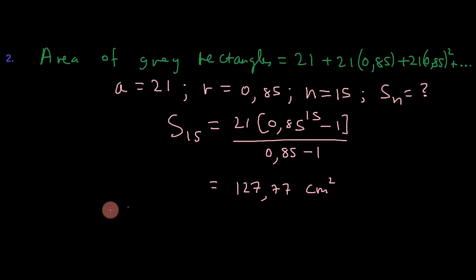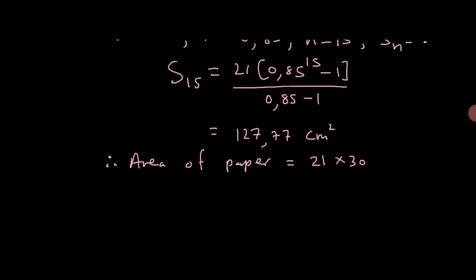So then the area of the paper is 21 times 30. And this is 630 centimeters squared.